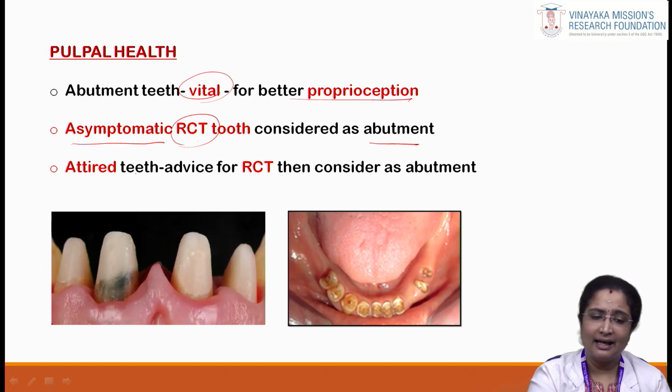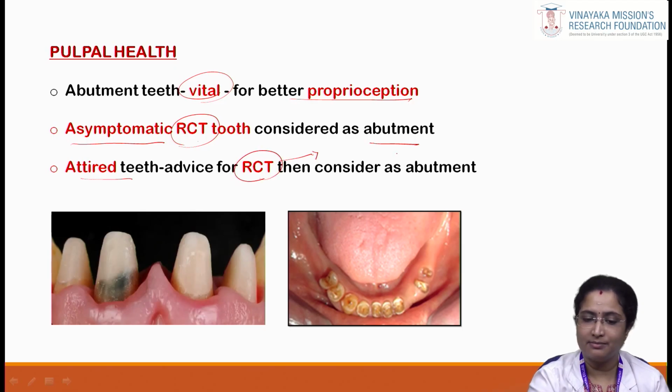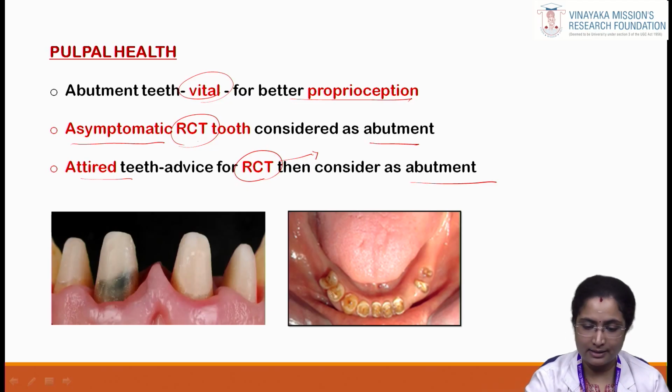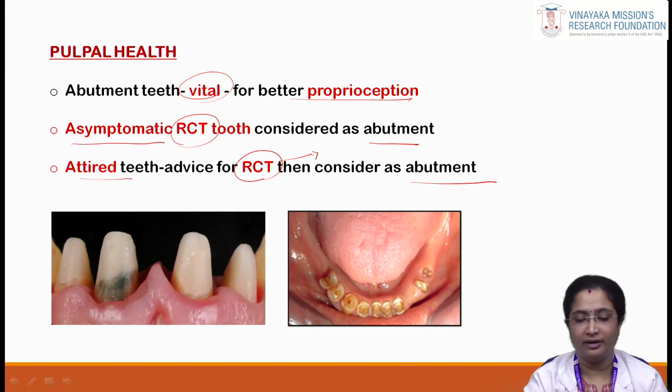If a tooth has been untreated, we can advise root canal treatment. If the root canal treatment is asymptomatic, it can be considered as an abutment tooth. In this picture, we can see generalized attrition in the lower arch, but we can do root canal treatment and post and core treatment for the tooth, then we can go ahead with an FPD.